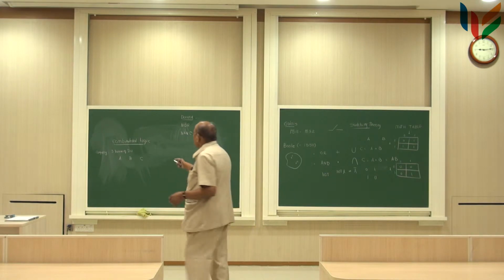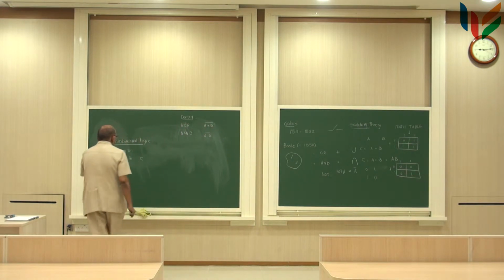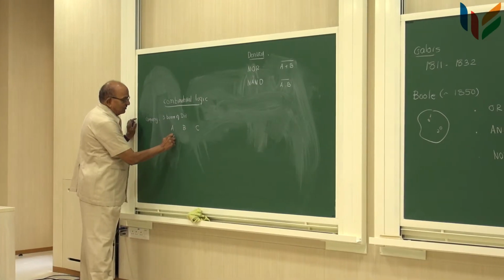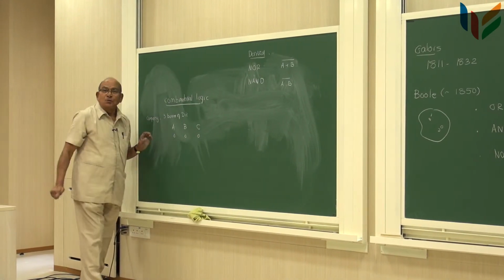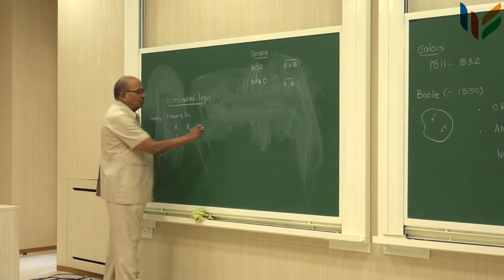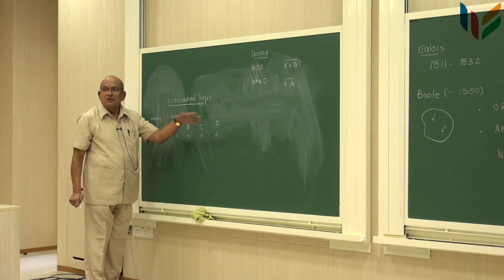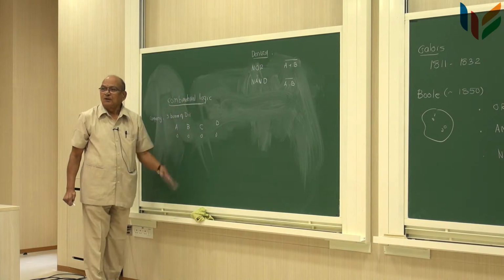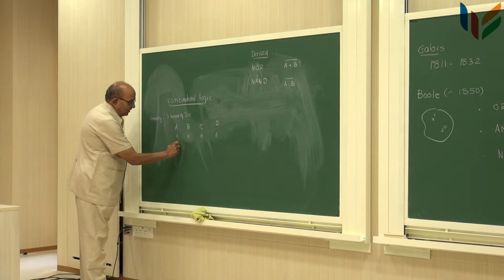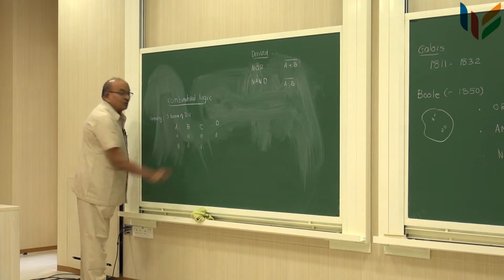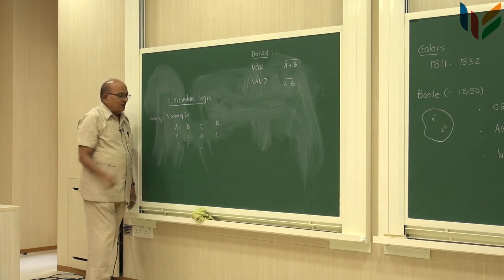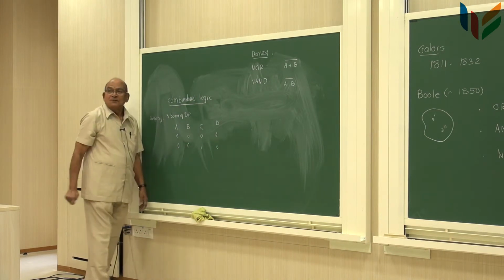So what is the statement of the problem? If this fellow says 0, 0, 0, all of them say no, then the output D is 0. No decision is 0. We are not going to acquire the company. If this fellow says 0, 0 and 1, then obviously the decision is 0.